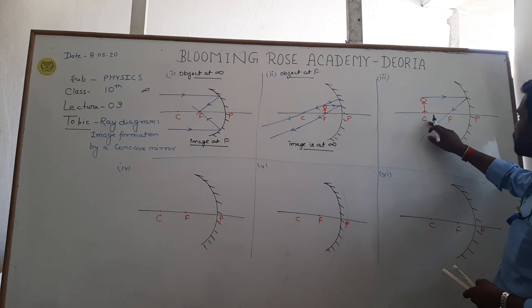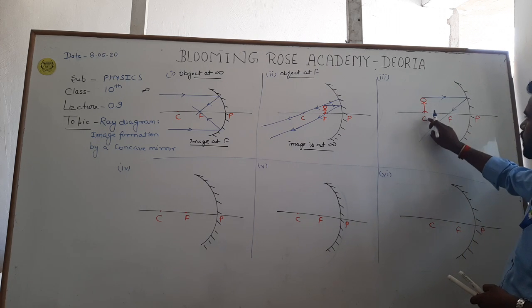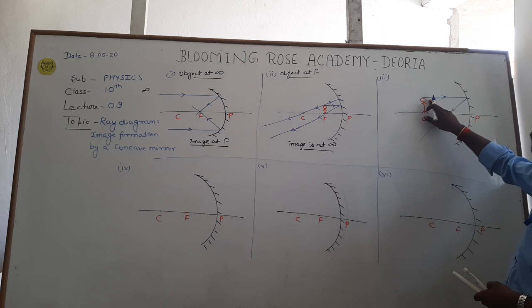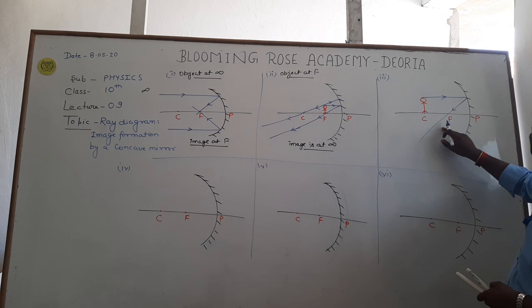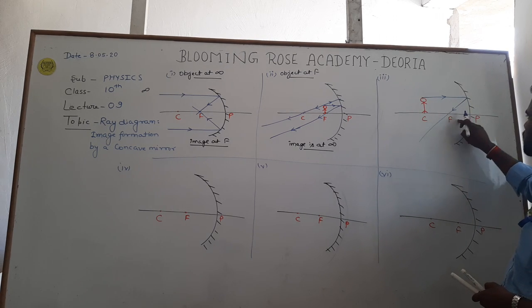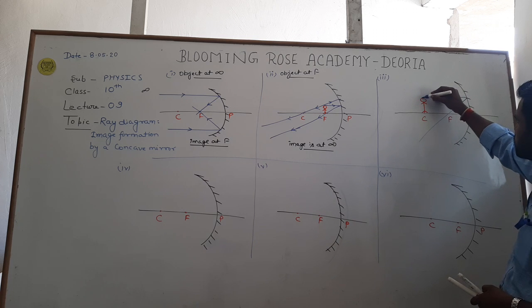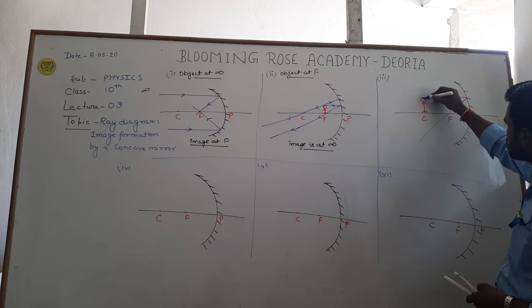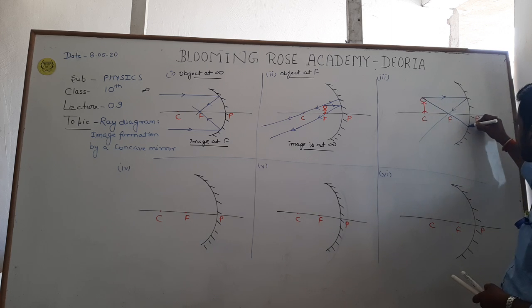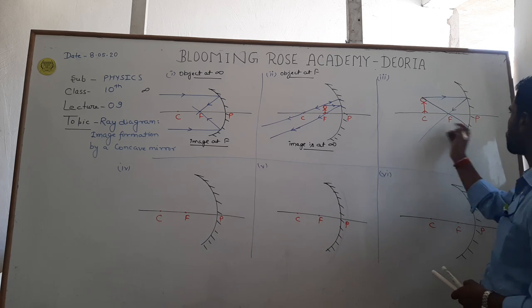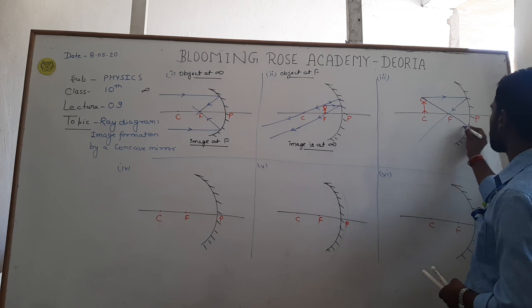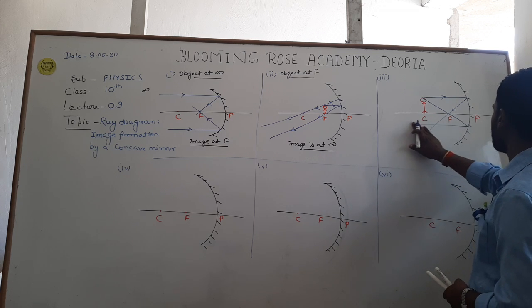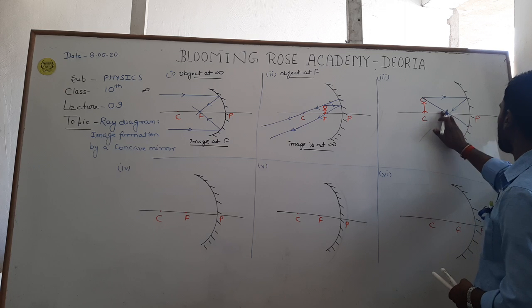But here the object is placed above the center of curvature. So first is like that, and for second, when rays pass through the principal focus, then after reflection they will go parallel to the principal axis.